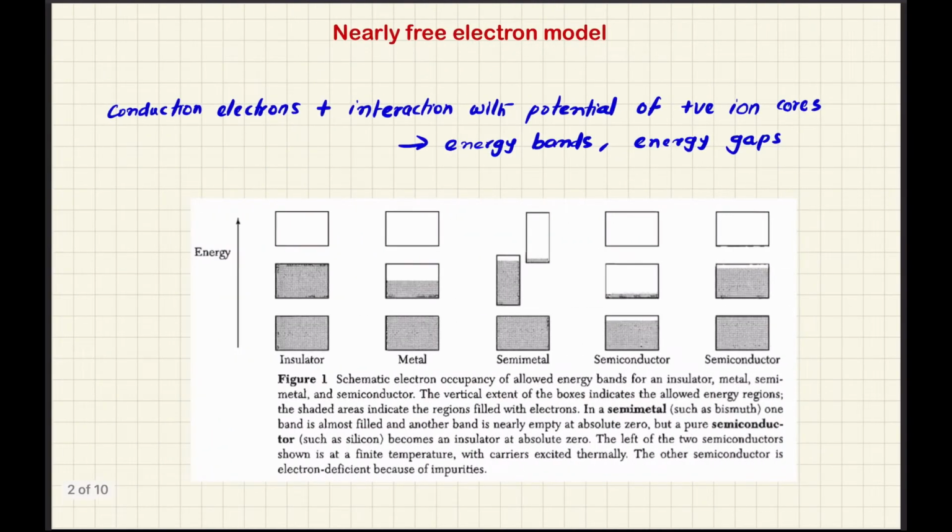Now, in the nearly free electron model, we assume that the conduction electrons in the metals are not completely free, but they are affected by the potential provided by the ion cores. There is a periodic arrangement of ion cores in the metals, and this provides a periodic potential.